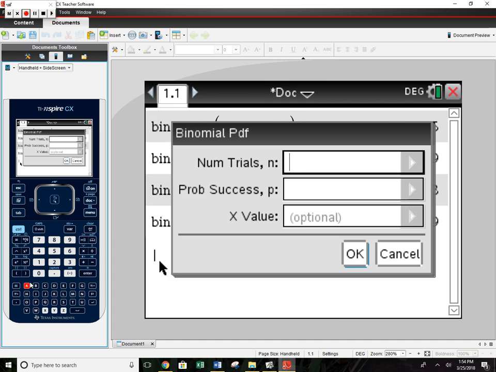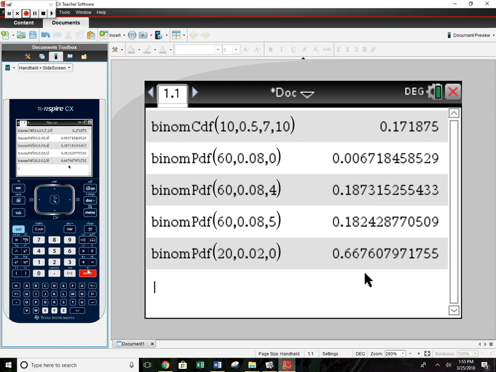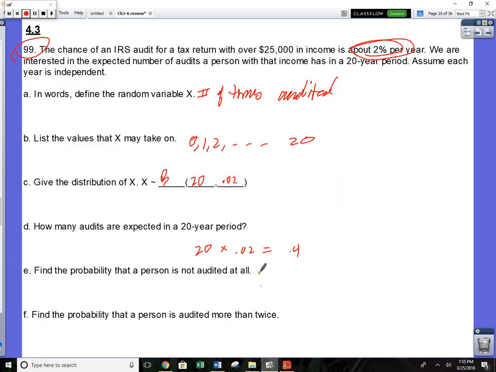It's a binomial PDF. Number of trials there are going to be 20. Chance for a success is 0.02. And I want 0 audits. Okay, 0.667. So that's actually really good. 66.7%. So 2/3 chance you're not going to be audited at all.